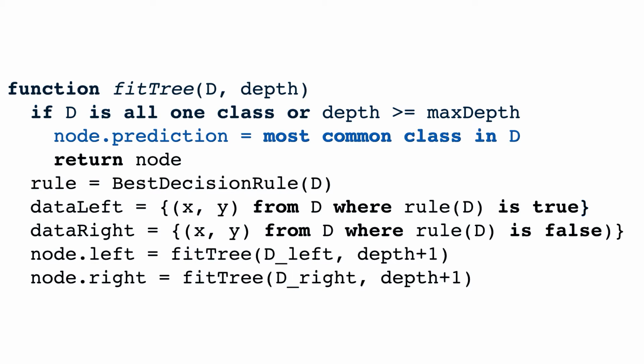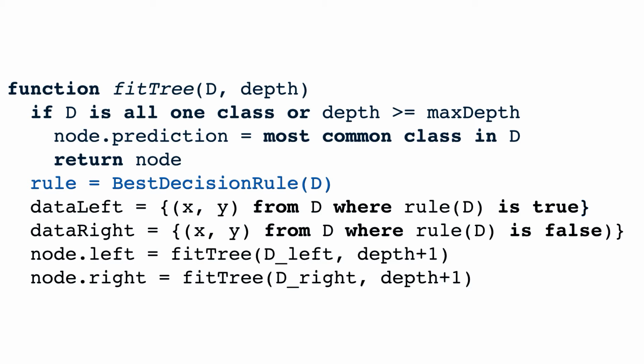And inside the base case scenario, what we do is we set the prediction at the node to the most common class in D, and we just return the node. Right? We don't put anything else into the node. Okay. Otherwise, if we don't satisfy any of these base case scenarios, we will run some subroutine to find the best decision rule. Another way of describing that is the best way to split the current dataset D, which we haven't defined here.